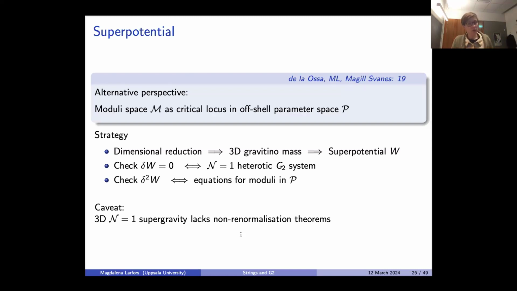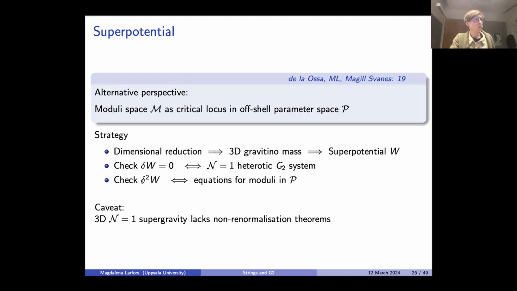So we can take an alternative perspective and view the moduli space as a critical locus in some off-shell parameter space, where this off-shell parameter space is just any kind of variations that these fields can take. And then the moduli space is some sort of slice or locus where these supersymmetry constraints are being preserved. So in order to encode that, one can define a superpotential, which will define this locus for us.